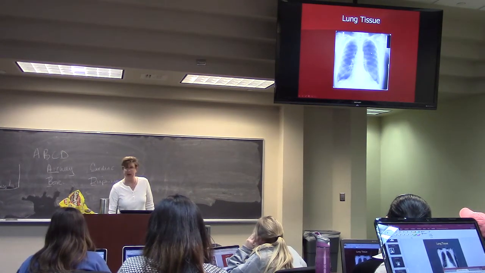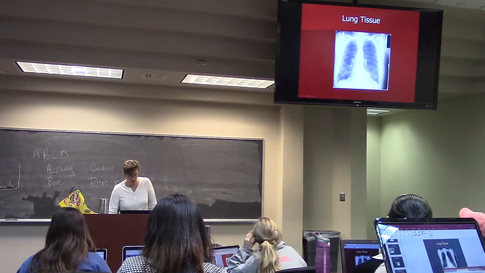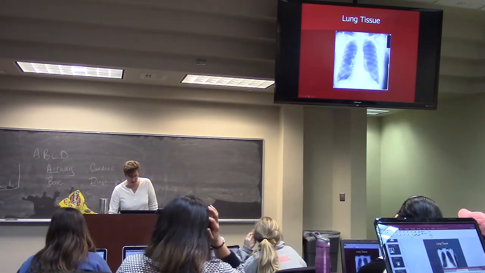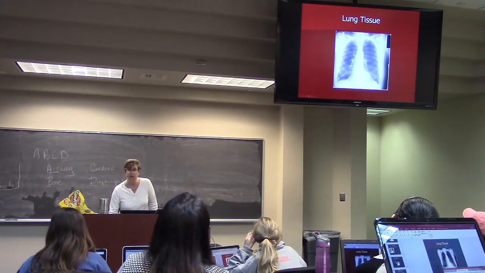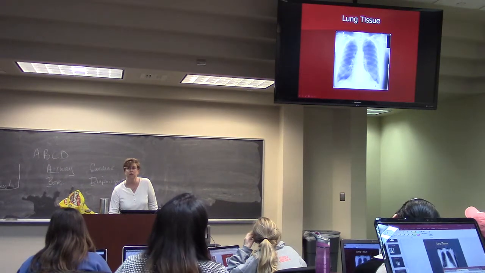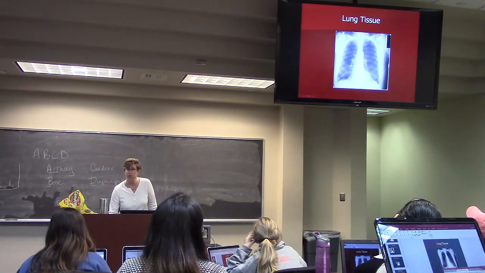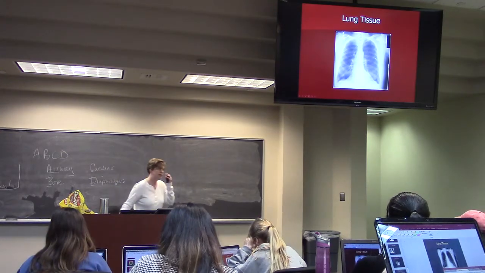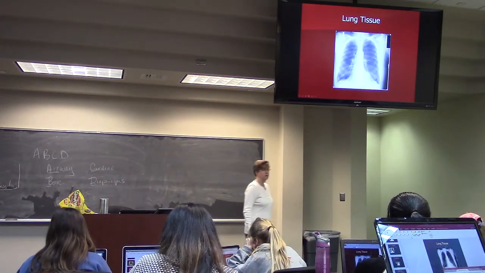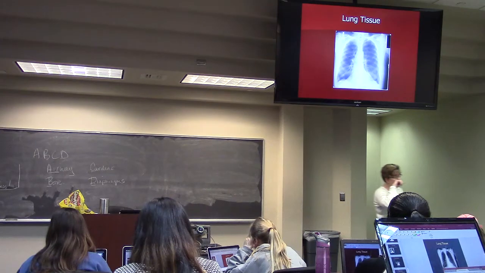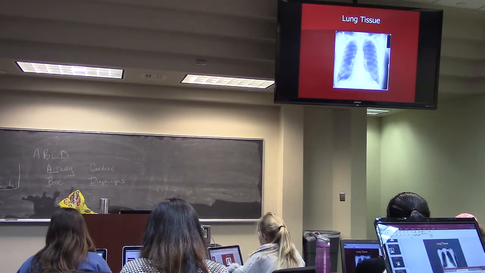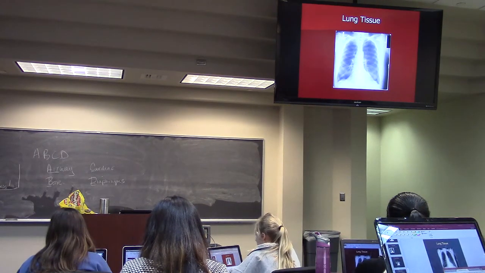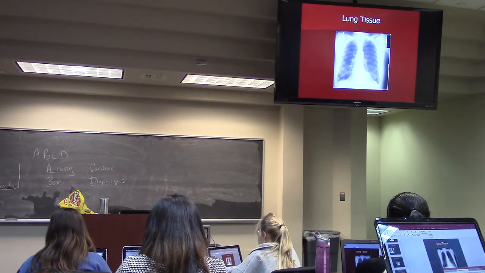If you look on this left side, see this very significant line that shouldn't be here? That's a pneumothorax. There's nothing out here. That's air. So you have a collapse. You have a pneumothorax. There's a line there that shouldn't be there.